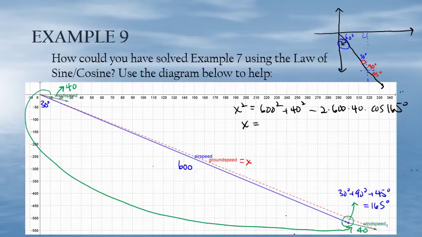When you put that all into your calculator and take the square root, I hope you get the same answer that we got, which was approximately 638.7 kilometers per hour. All right, and now I want to find the bearing.